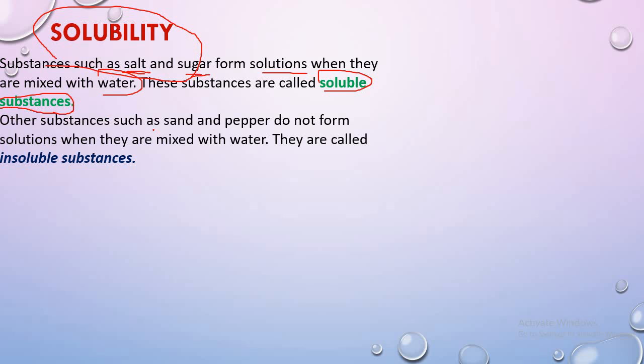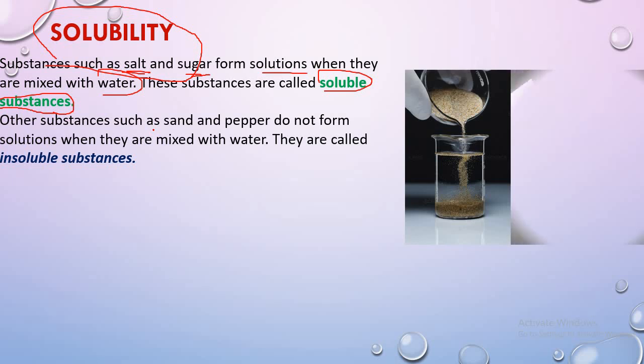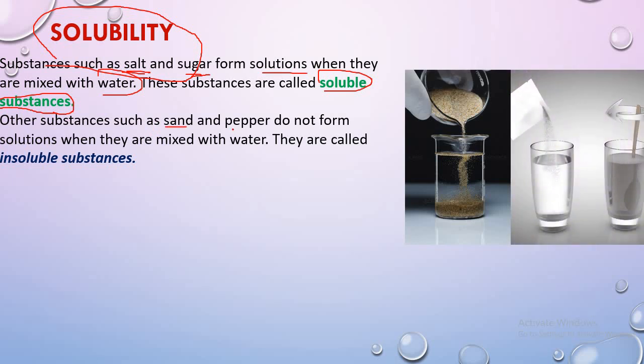Other substances such as sand and pepper do not form solutions when they are mixed with water. They are called insoluble substances. Sand doesn't dissolve in water, so it's an insoluble substance, while sugar or salt dissolve or disappear in a mixture.